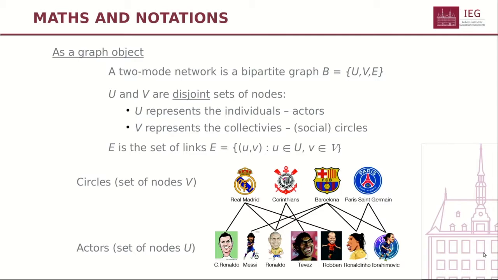It's a bit old because I think half of these players are already retired, but it still shows the idea. The set of nodes U are the actors, the football players, connected to the circles, the football clubs, and we have the set of links E representing those connections, that is, players that have played in those clubs.